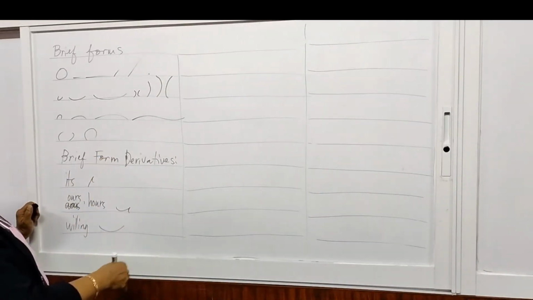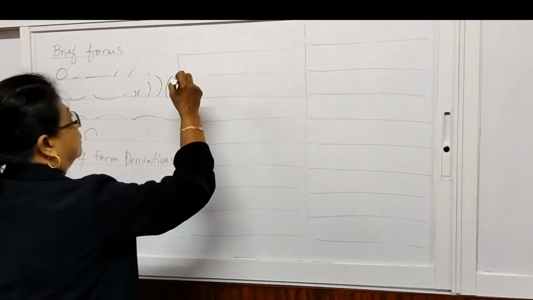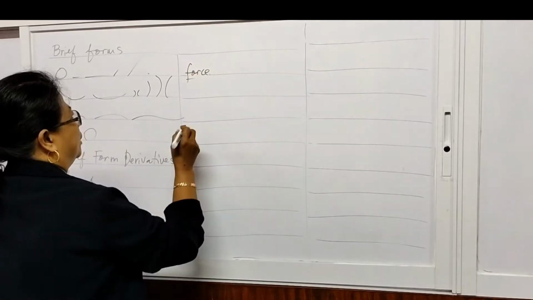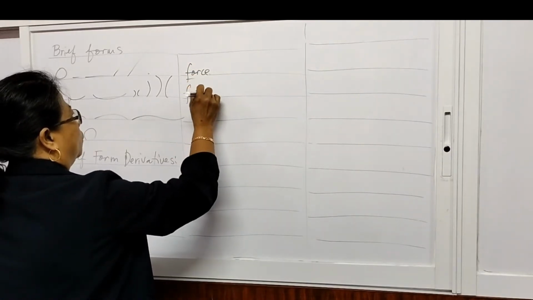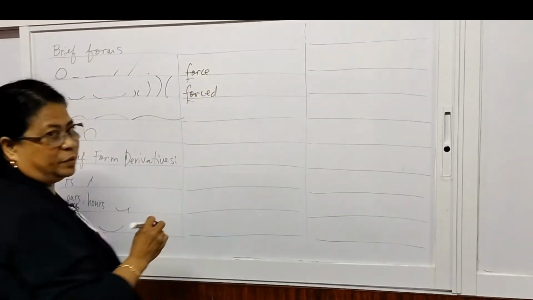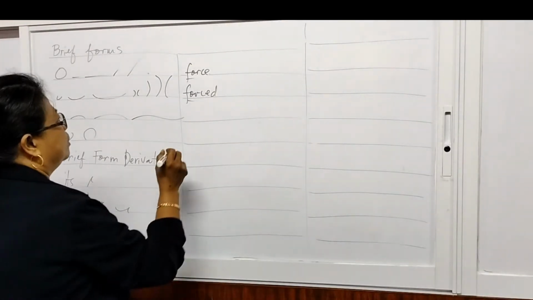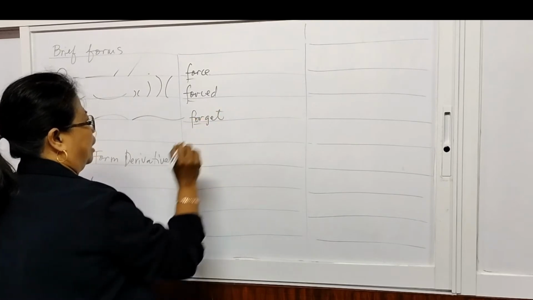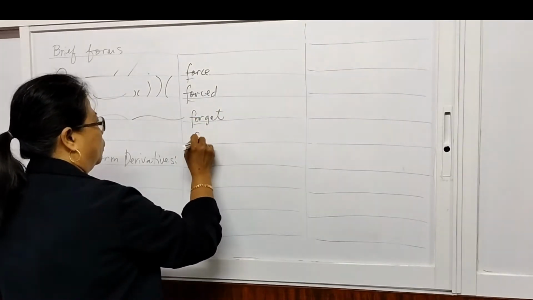Okay, can you see? Then we have this, of force. This is the brief form for. Forced. So again, that's the sound of the brief form. For get, we have forgive, forgiven.